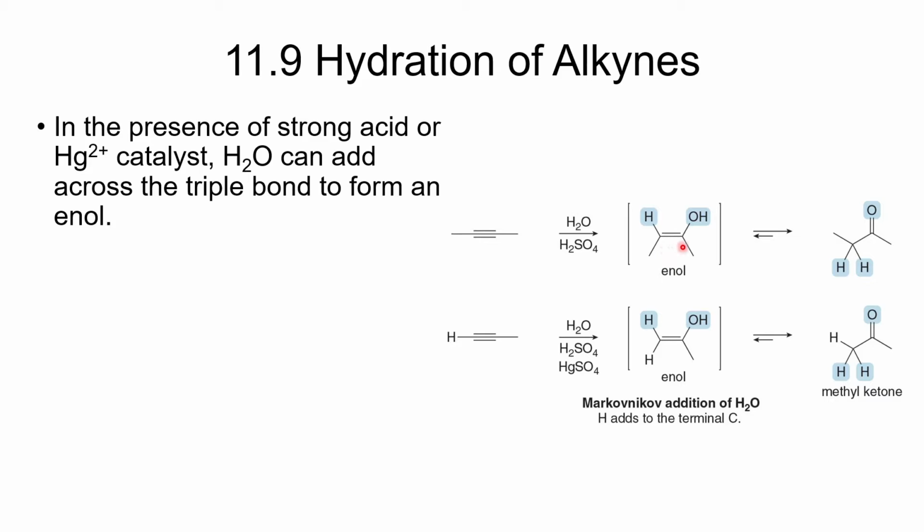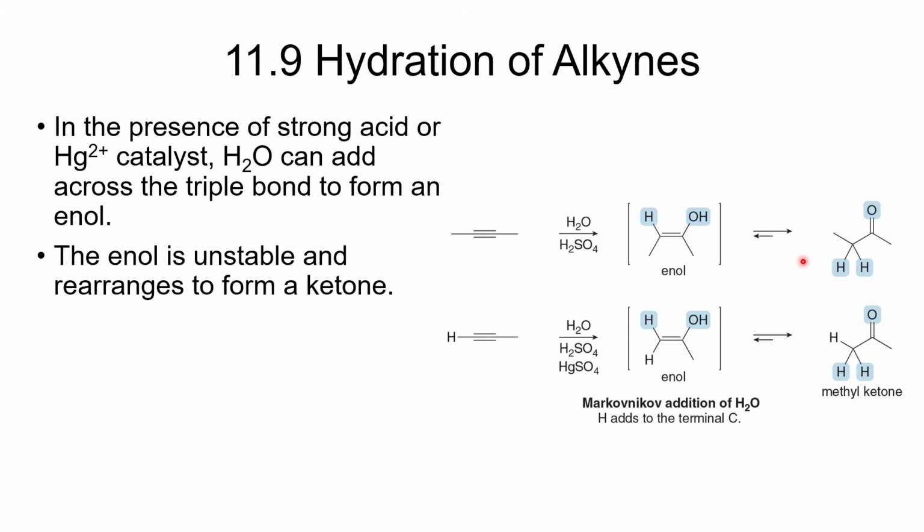Now, enols are not particularly stable. They will form what's called a tautomer, and we'll talk about tautomers in a moment. It will rearrange and form what is called a ketone. If you do it on an internal alkyne, you can use just water and sulfuric acid.